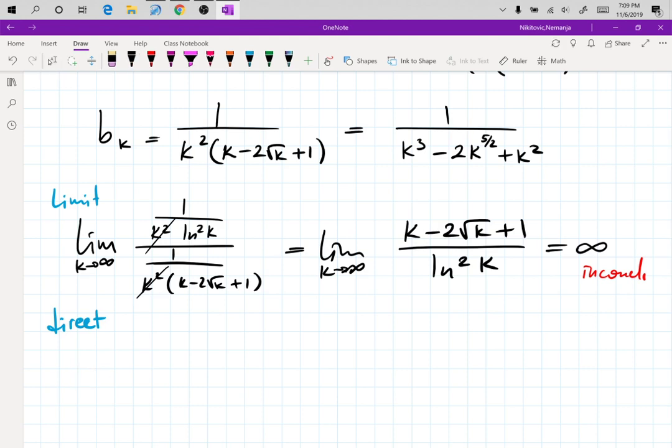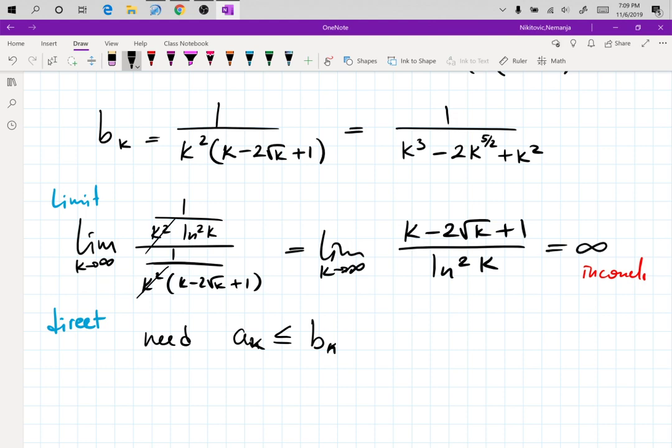Not the limit now. Now we need a_n to be smaller than b_n. So b_n needs to be bigger. I mean k. We're doing k's now. Okay, so what's my a_k?